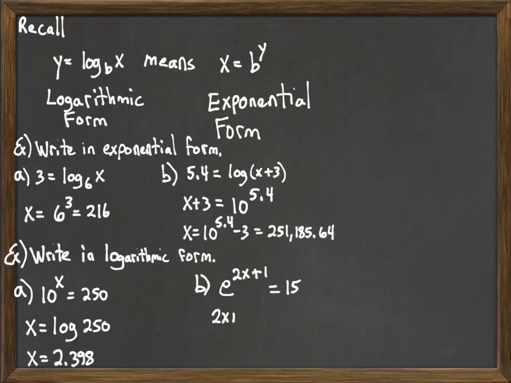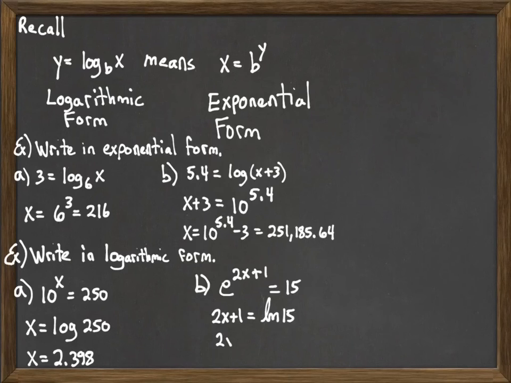So 2x plus 1 is equal to log base e, which is our natural log, of the other part, which is 15. Now we can go straight into a calculator and do ln of 15, but I'm going to hold off until the end to do that.